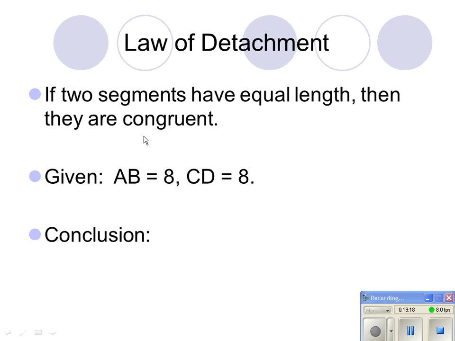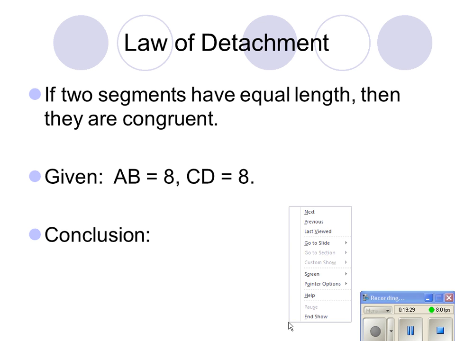All right, if two segments have equal length, then they're congruent. So we have this statement, two segments have equal lengths, then we know that they are congruent. So that's what we said about congruent earlier in the year. So we're given that AB equals 8, CD equals 8.